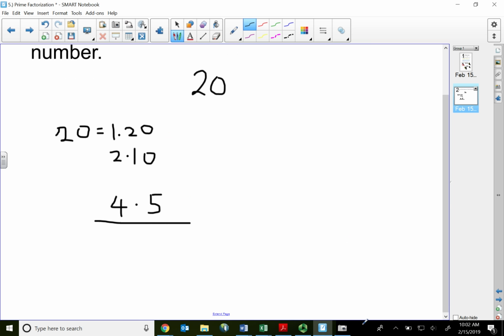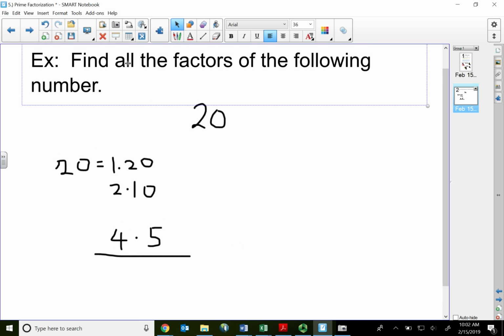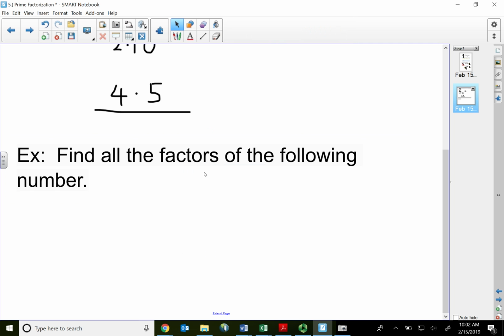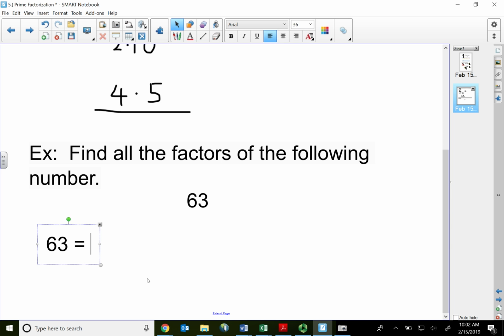Okay. Same thing for the 63 that I showed an example of. Find all the factors of 63. So I'm going to start out with 63 here. 63 is equal to, well, I know 63 is 1 times itself. All right.